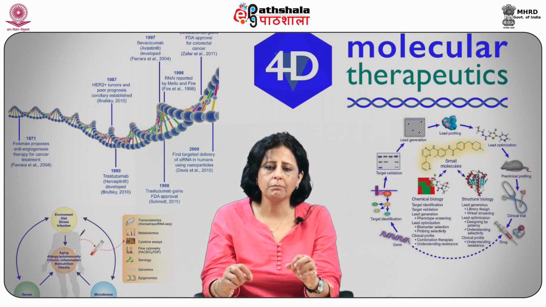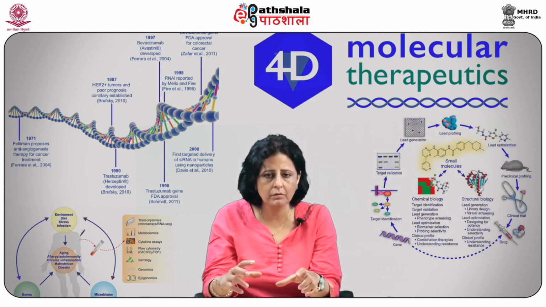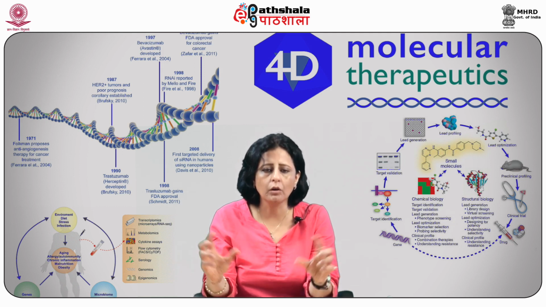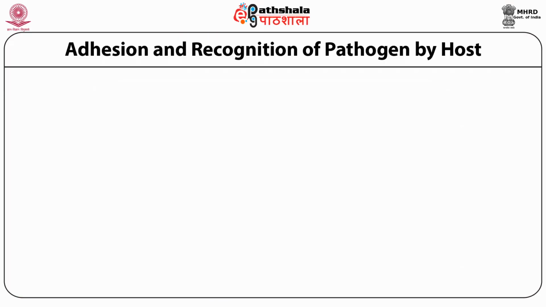Despite the presence of multiple host defense mechanisms, bacterial pathogens evolved a wide range of strategies to colonize and invade human subjects. After the adhesion, how are the pathogens recognized by the host?